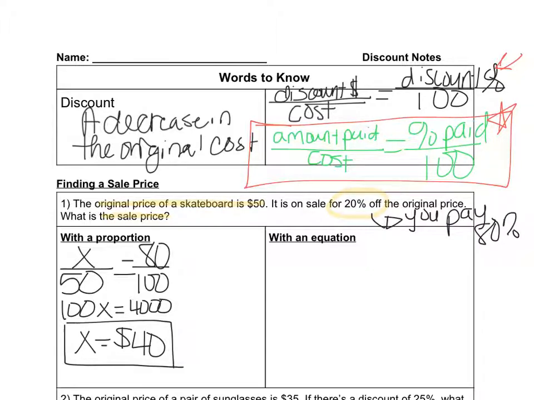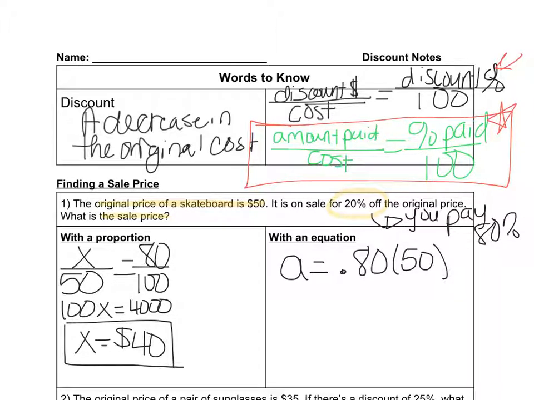So now with the equation, you can do the same thing. Remember, the whole is the number. So here, A is our part. And then we would do 0.80 times that whole, which is 50.